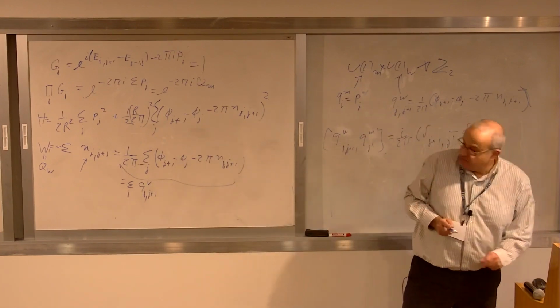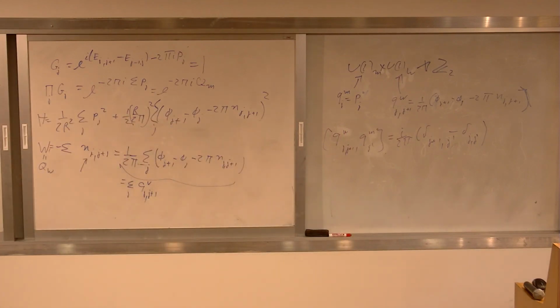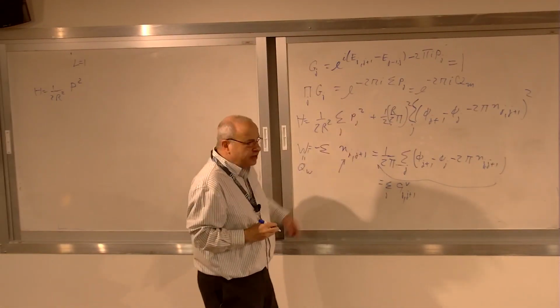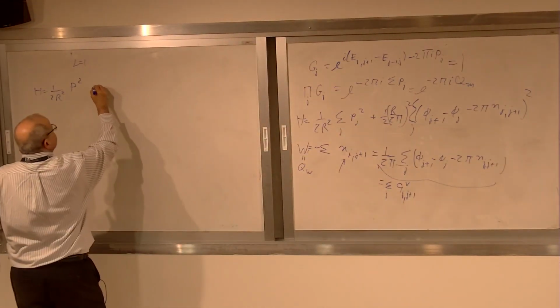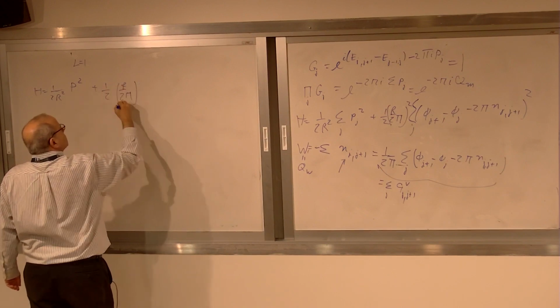So what's the Hamiltonian? I just copy. The Hamiltonian is 1 over 2r squared, p squared. I don't bother to write the j, and I have plus a half r over 2 pi square.